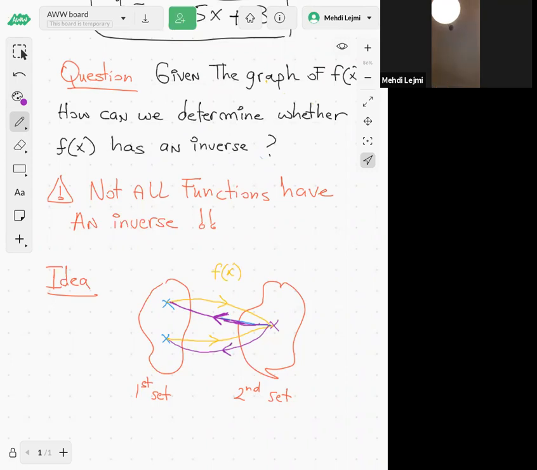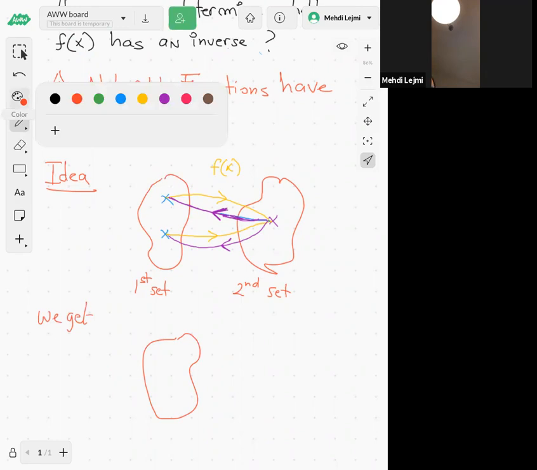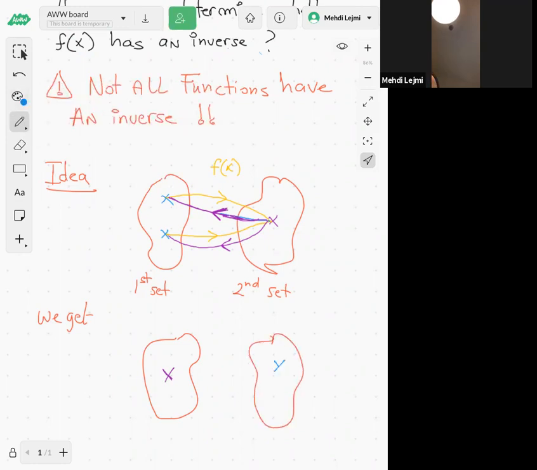So that would be the inverse function, because as I said, in the inverse function, we switch the input with the output. So now we have this correspondence. So we get the following. On the left, my set of inputs is this one here with 1 point, and the set of outputs, I have these 2 blue points.